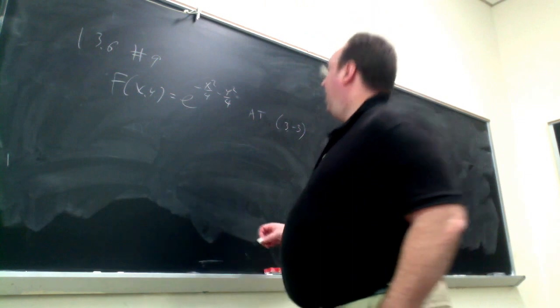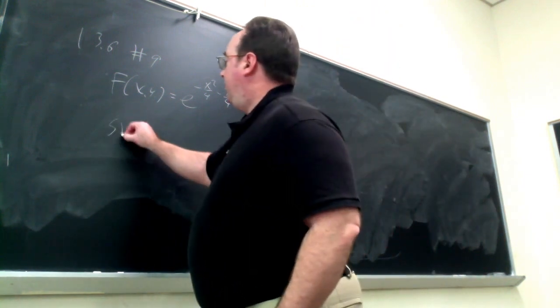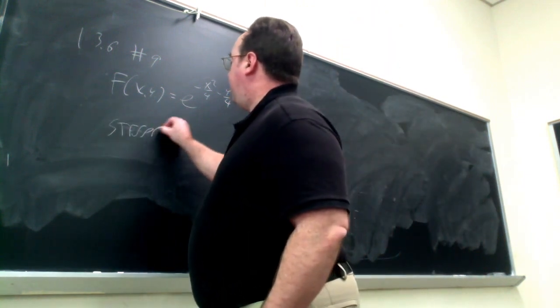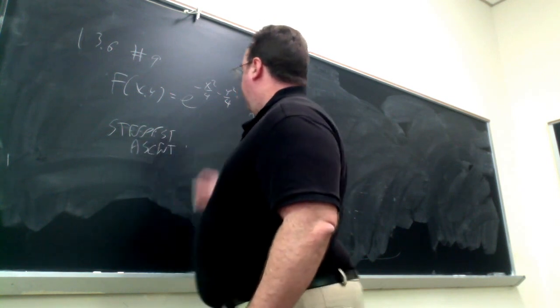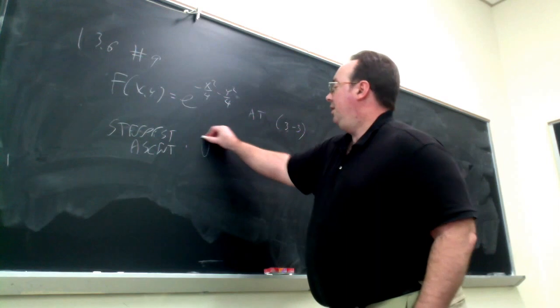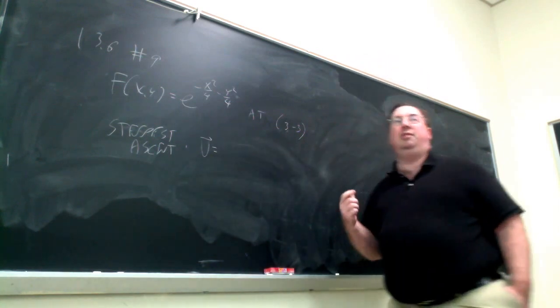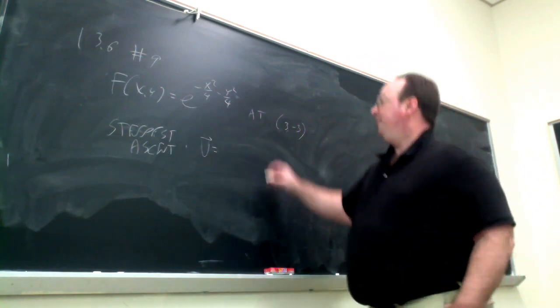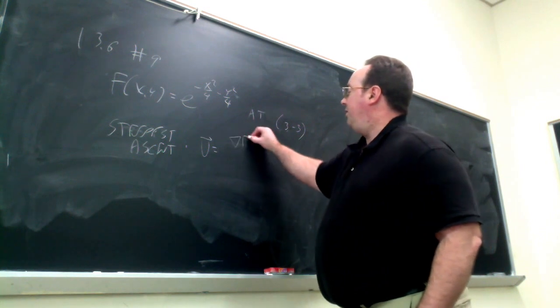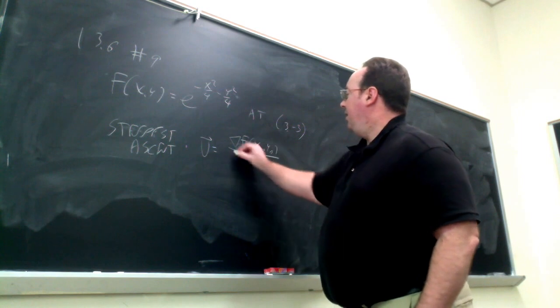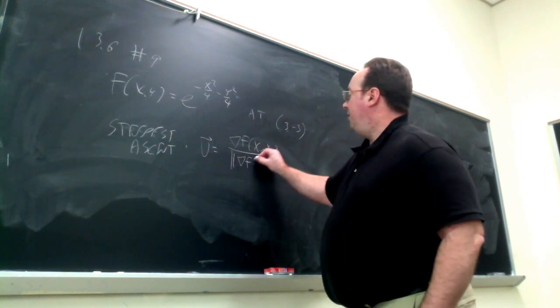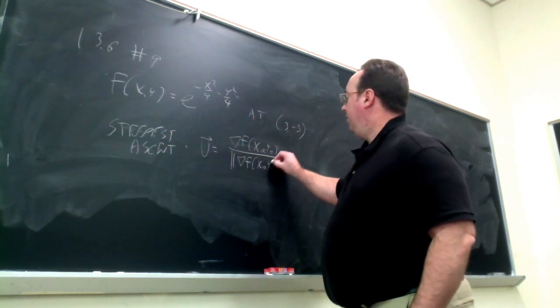So, direction of steepest descent. If you want, you can just learn this formula for it. It's probably the best idea. So it's the gradient at the point in question, so 3, minus 3 in this case, divided by its magnitude.